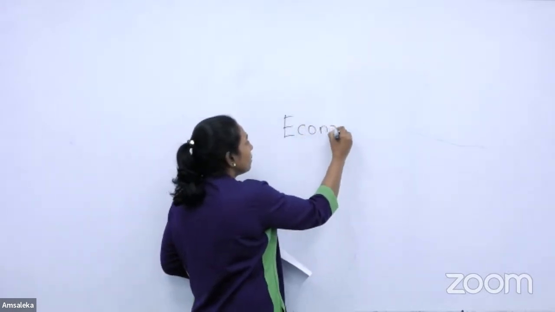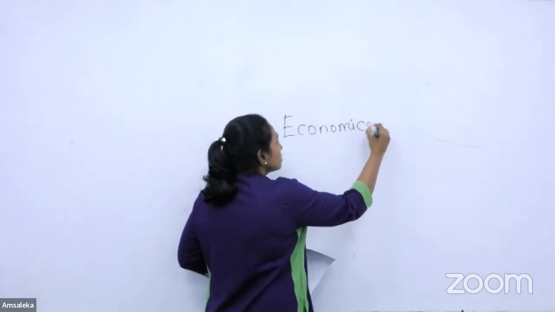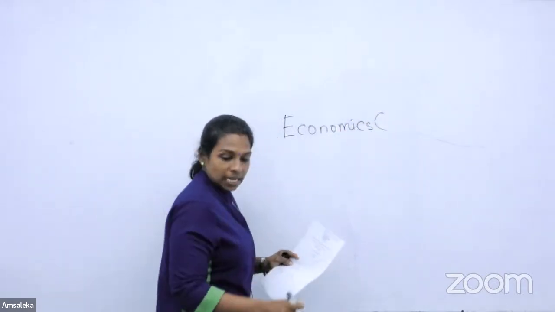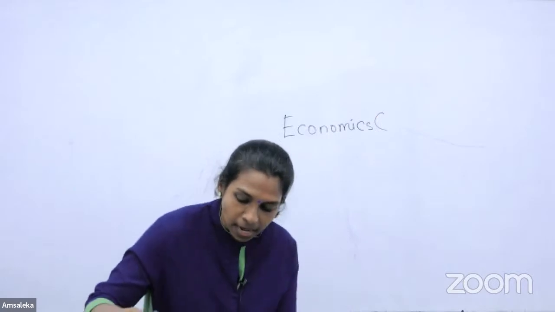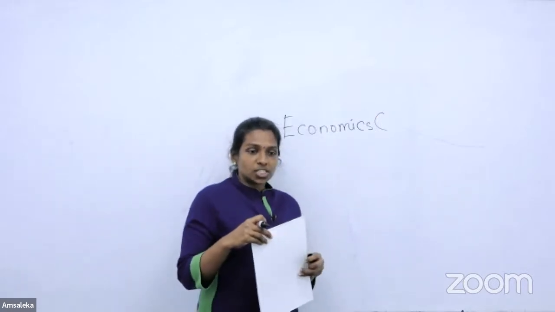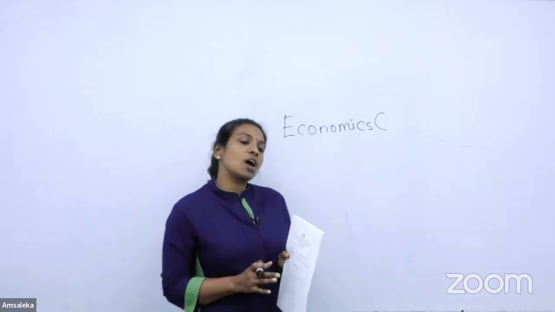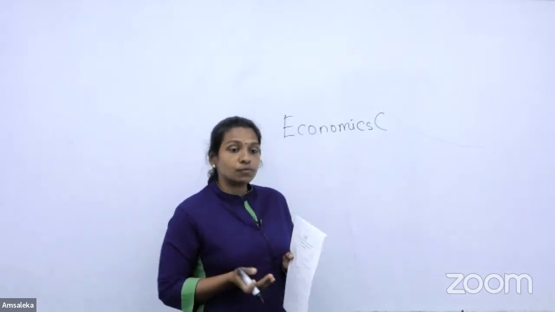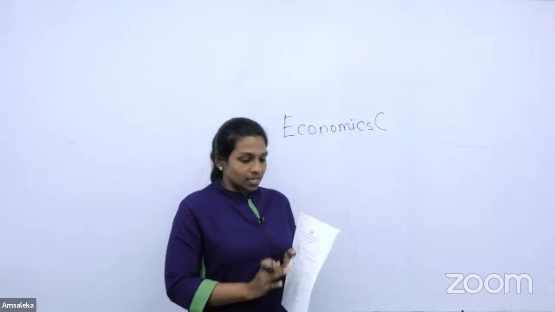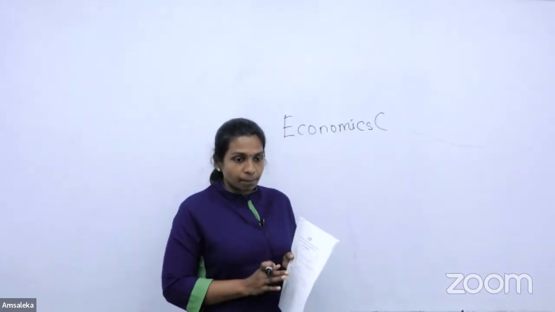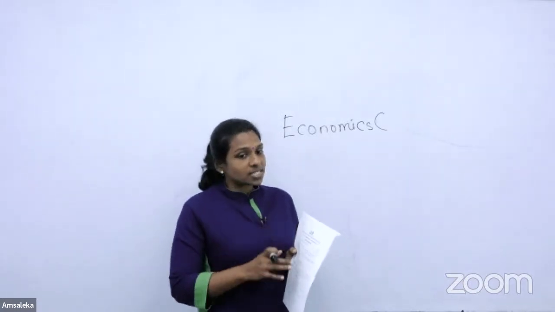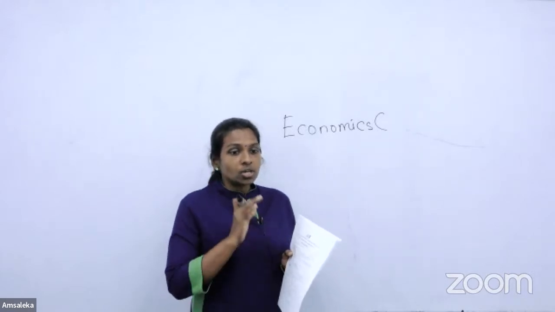When you come to my paper, the code is 103. I have the sample one, the January 2023 paper, just to show you how the structure comes when you sit for the exam.